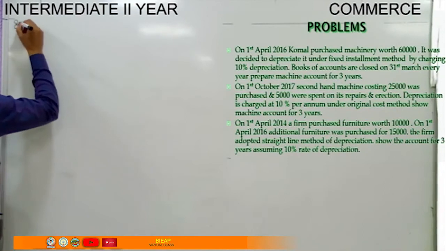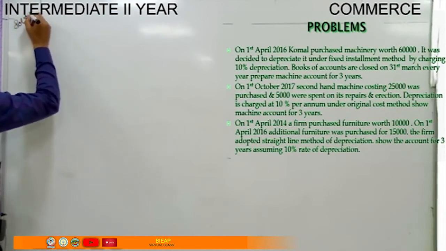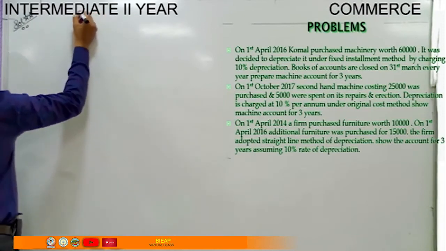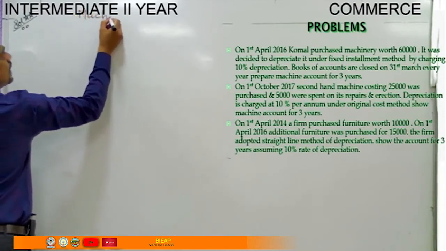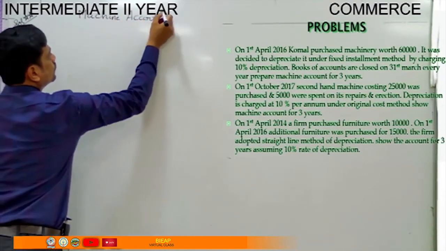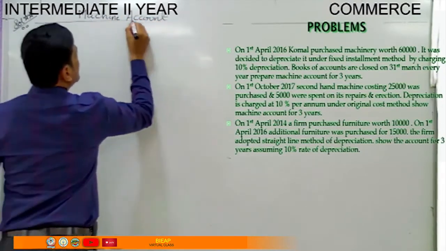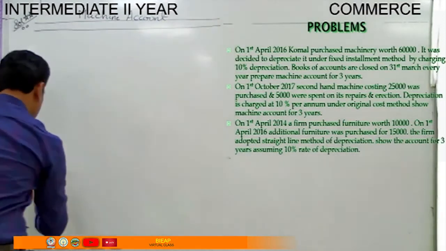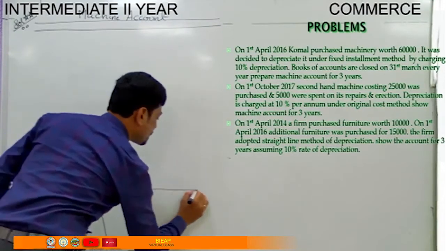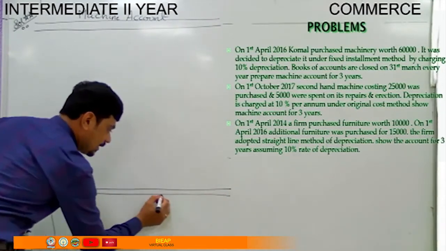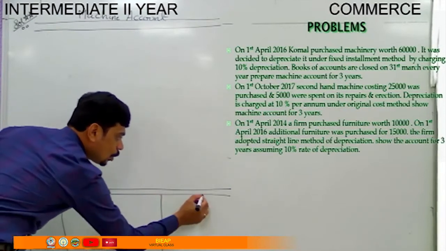So solution. This kind of problems are important. Subject wise important. Again as usual, first heading machine account. Again drafting. 3 years they told, as it is 3 years we'll do. And down the workings. But here I am giving 2 columns for working.